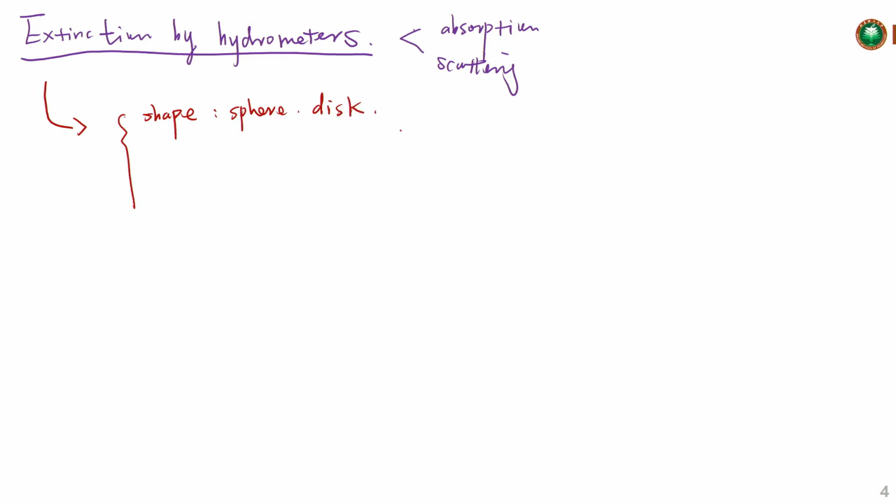And for the rain lines, very heavy rain, we can regard it as needles. So this is the shape of the hydrometeors. And also we need to consider the density, or the number in the unit volume.